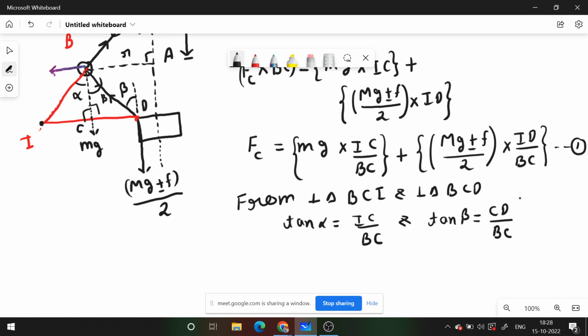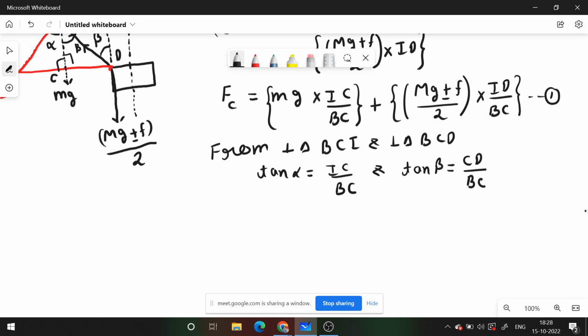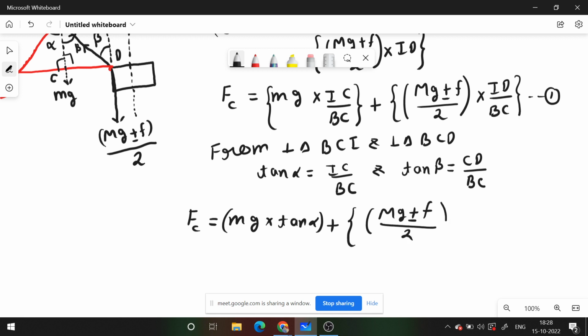Now from equation number 1, FC is equal to mg into IC upon BC, that is tan alpha, plus mg plus minus f by 2 into ID, which will be IC plus CD upon BC.